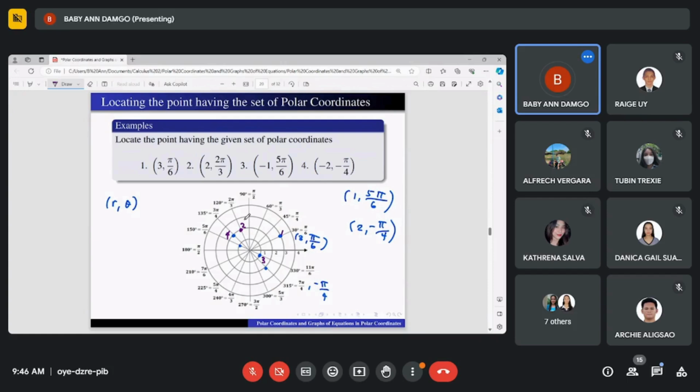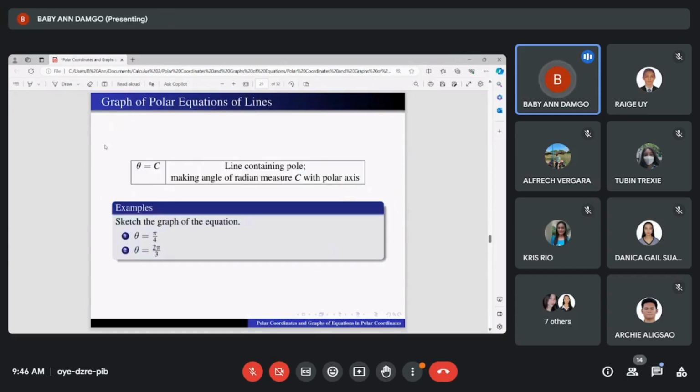Okay. So now, we have located points. Now, we will sketch a graph of the equation. If we're given an angle equal to C, where C here is a constant, how do we graph it?